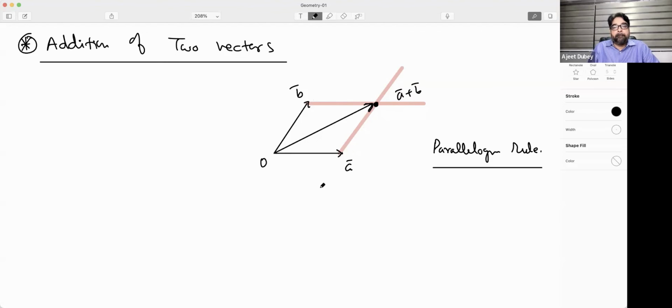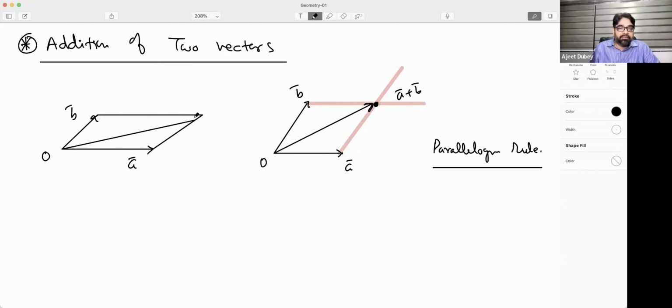In a parallelogram, if this is the origin, this is the A vector, this is the B vector, what is this vector? A plus B. In this diagram, can anyone tell me what is this other vector? B vector plus A vector?